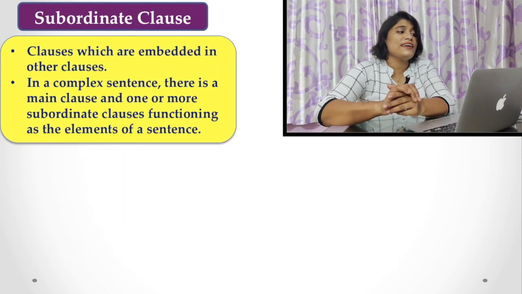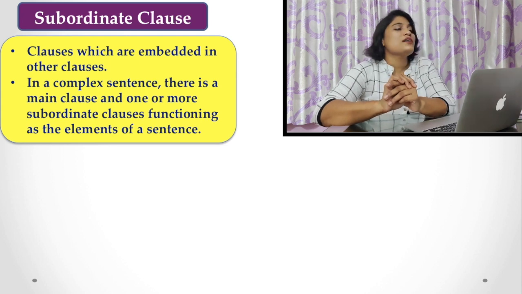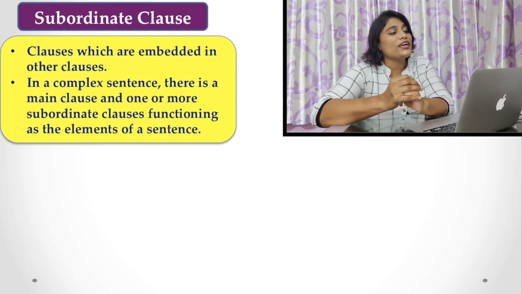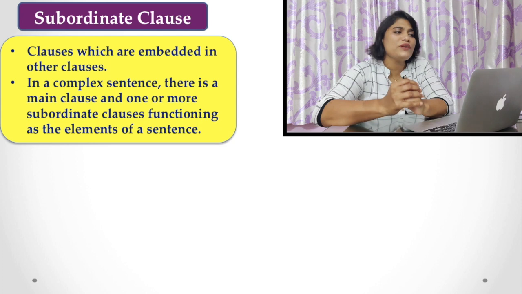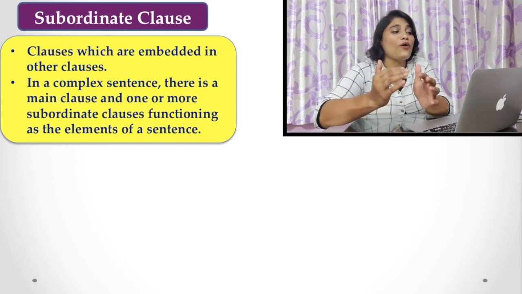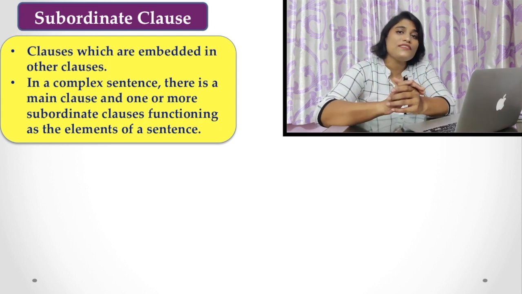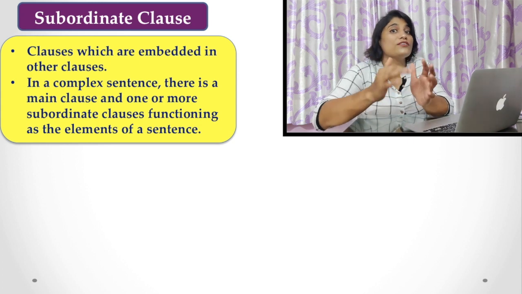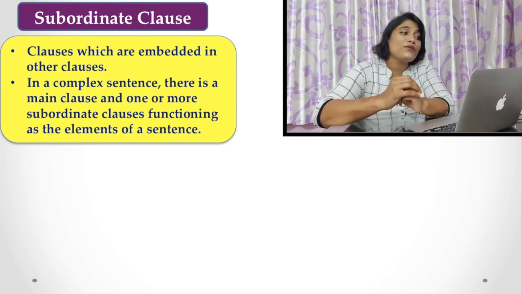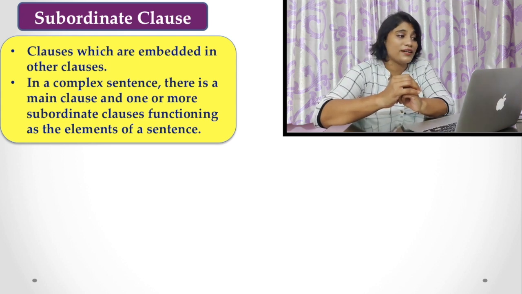Now, let's see the subordinate clause. When we are talking about subordinate, that means something depends on something or someone. That means clauses which are embedded in other clauses, depending on other clauses.